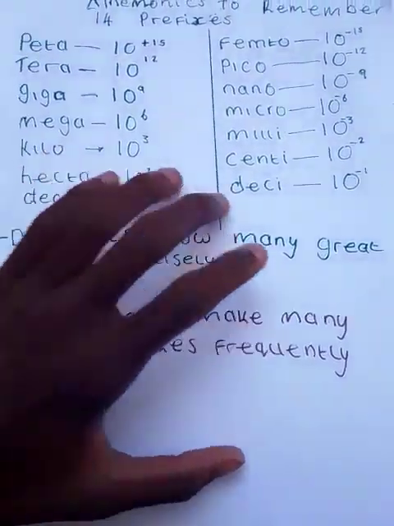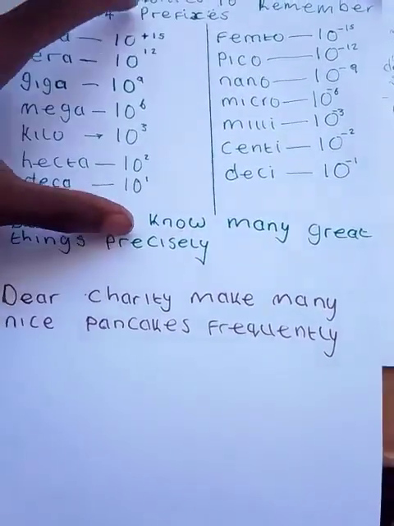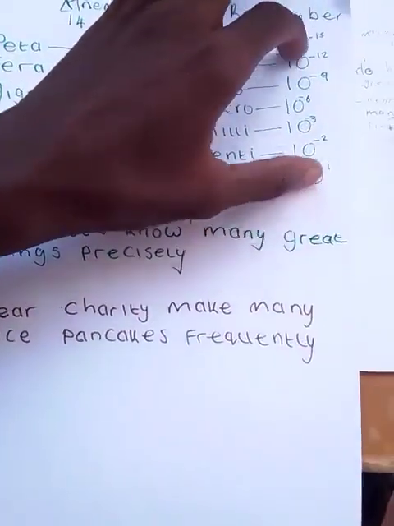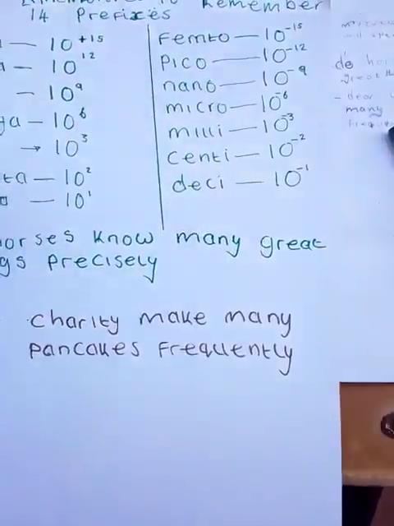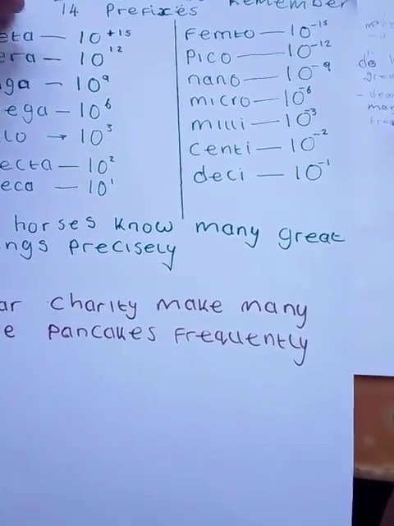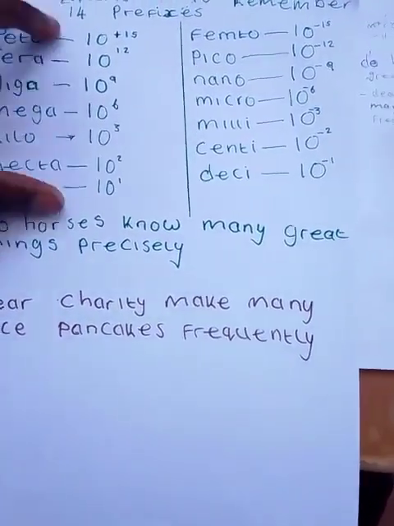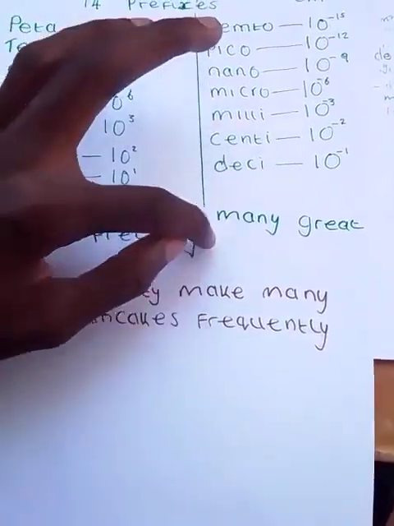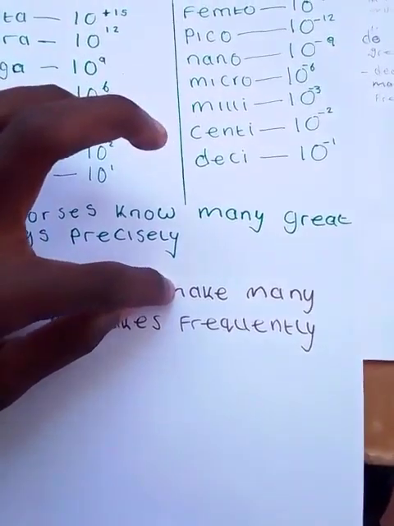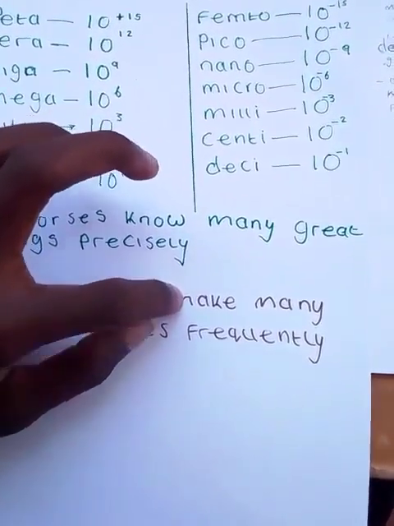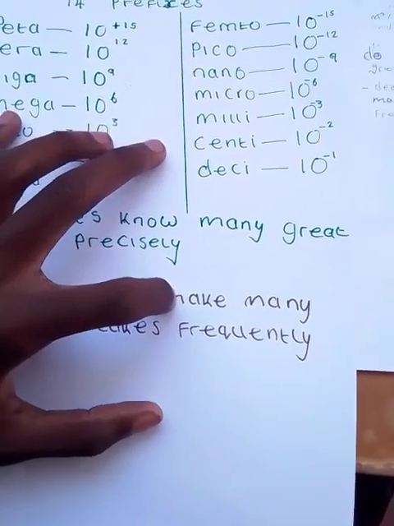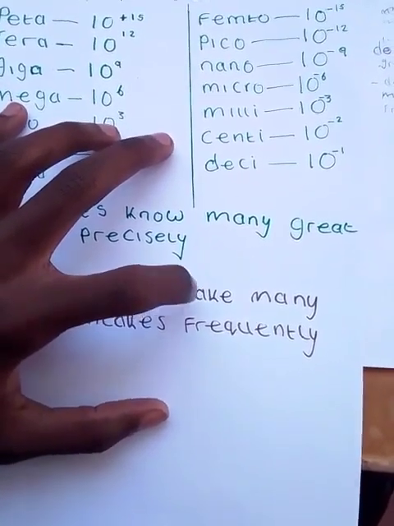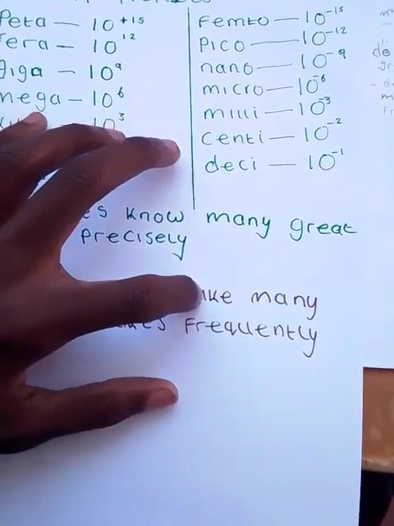You just need to master these statements and the flow of the powers. And also just familiarize yourself with the names of these, not in order. So that when you find, let's say, M on the side of the negative, you can remember that on the negative side, we only have two prefixes which start with M. There is milli and micro.